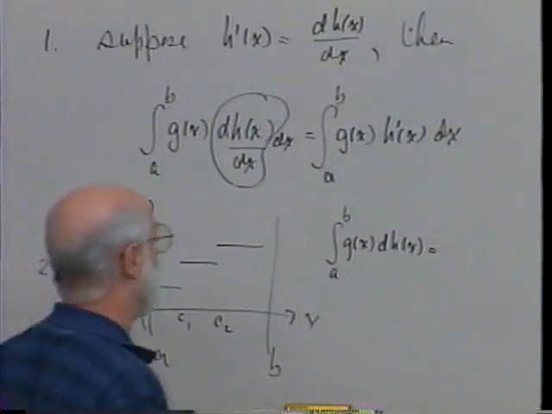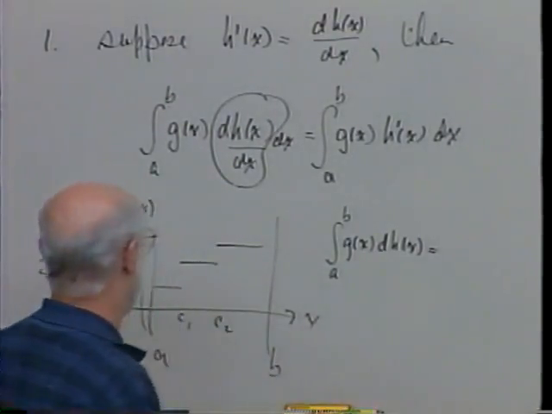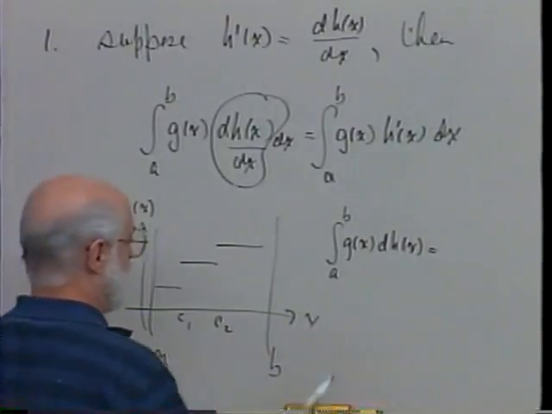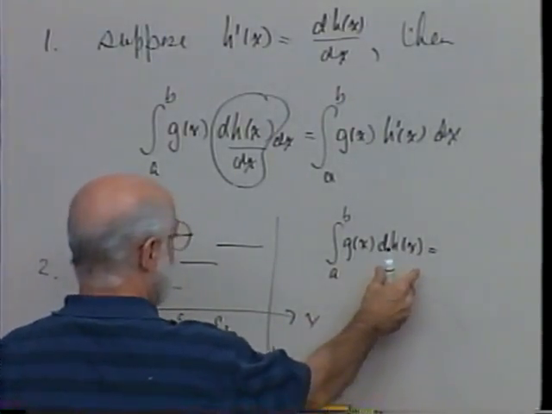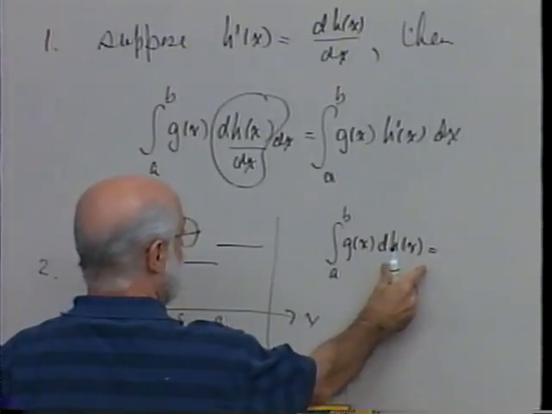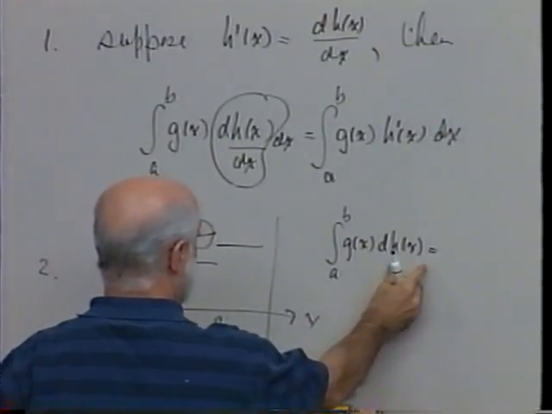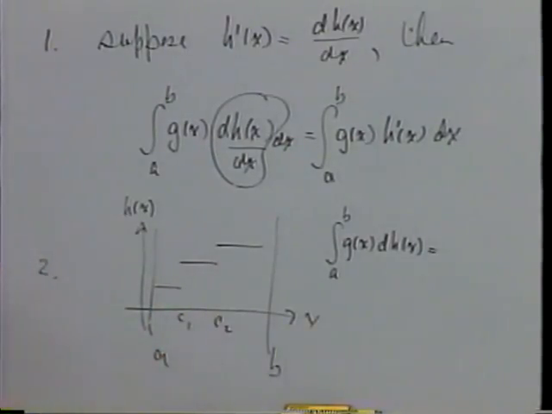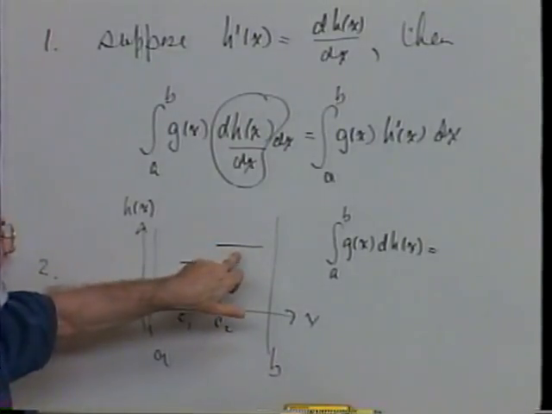Because, remember what the definition says. Here's the way I'll prove this, in fact. I'm going to simply break this down into the integral over each of these pieces between the jumps. Now, between the jumps, the function h is differentiable.